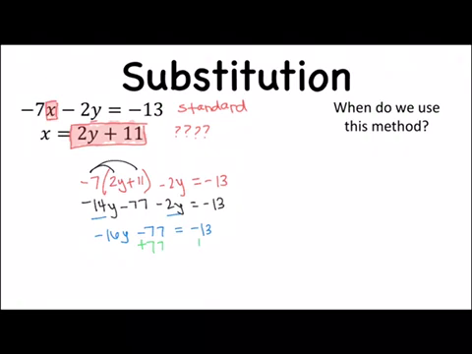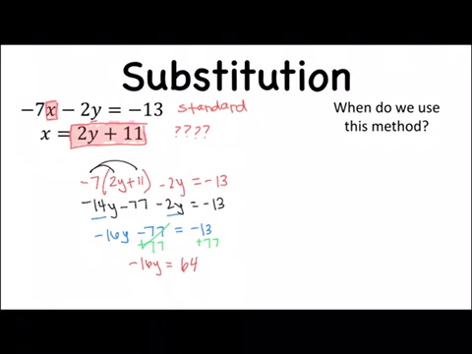Create a zero pair by adding 77 on each side. Negative 16y equals negative 13 plus 77 is 64.